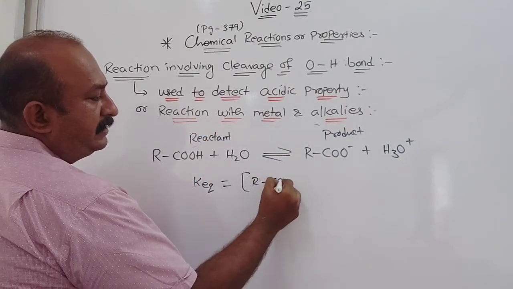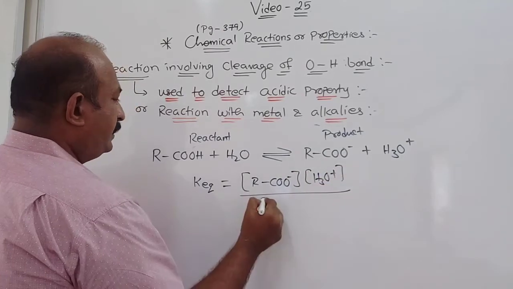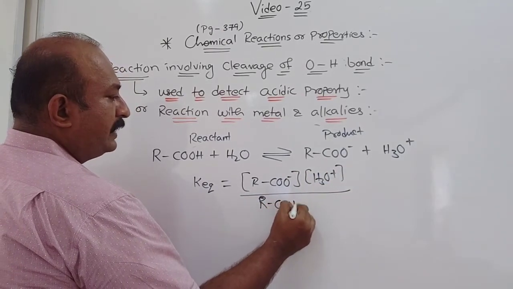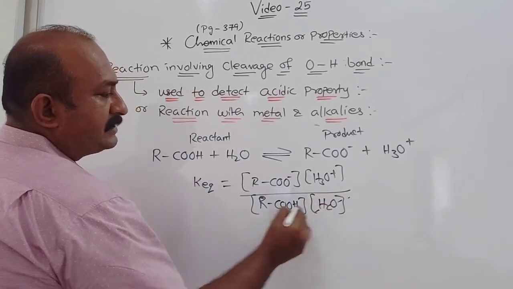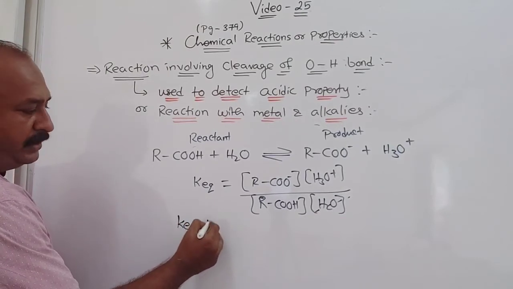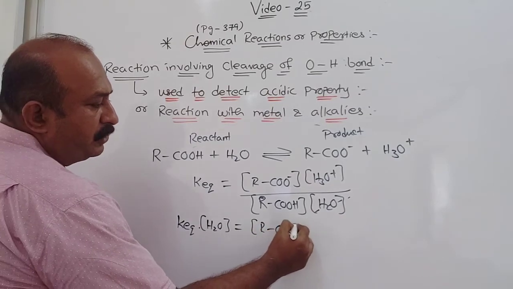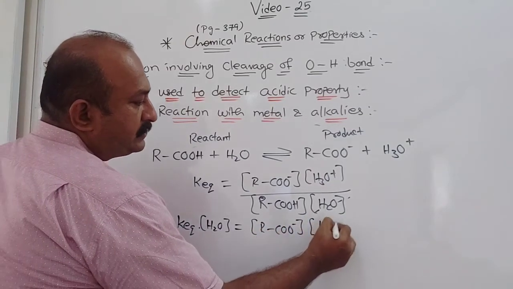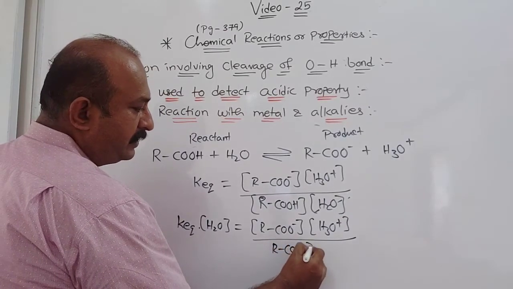Means I will write here RCOO minus into H3O plus divided by the concentration of RCOOH into the concentration of water, but this is negligible, right? So if I write like this, this is constant. So Keq into the concentration of H2O will be equal to RCOO minus into H3O plus whole upon RCOOH, like this.